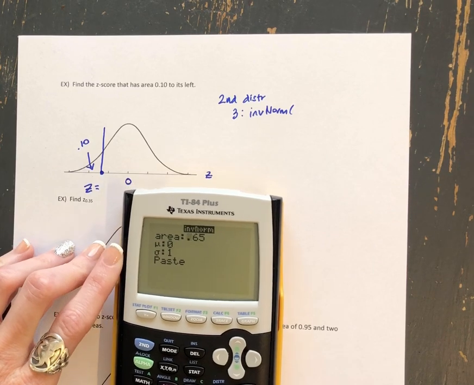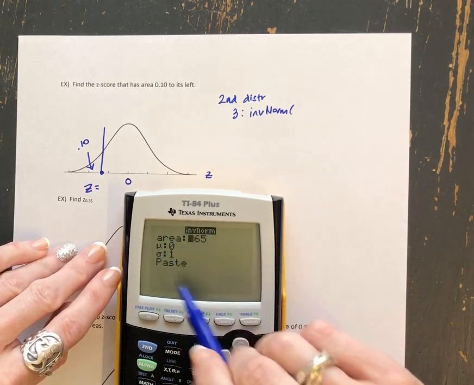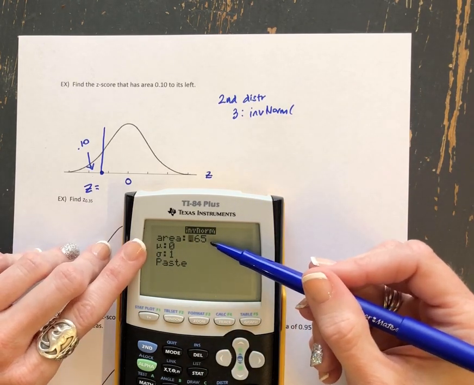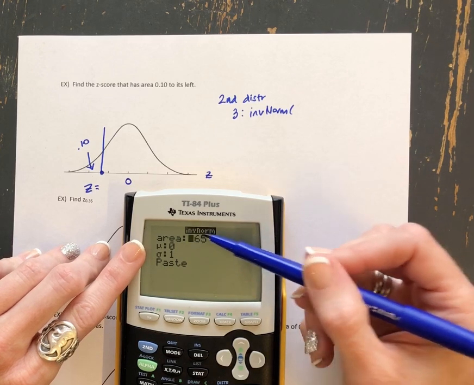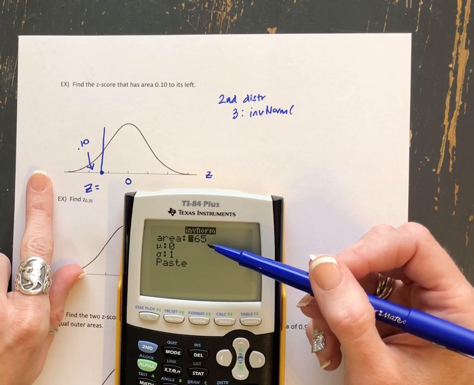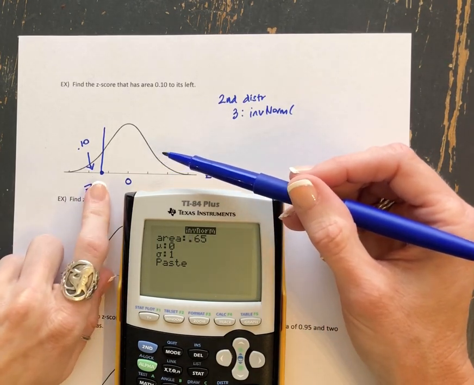And it asks us for the area. One thing we have to make sure we are very careful about is that in the calculator, when we use inverse normal, the area that we type in always has to be the area to the left of the value we're looking for. In this problem, it's already set up that way, but that's not always the case.